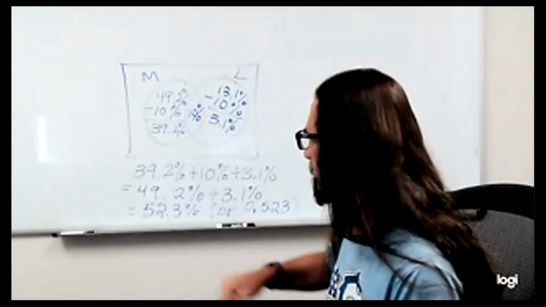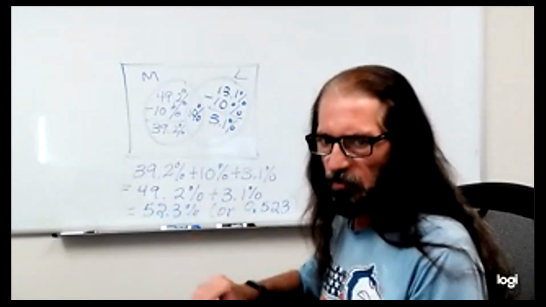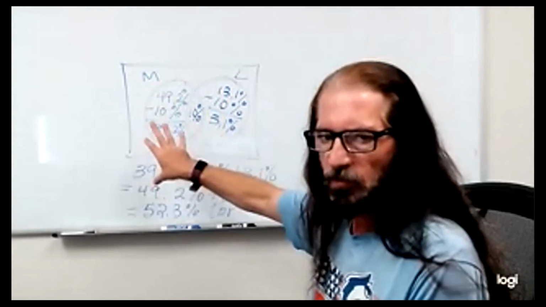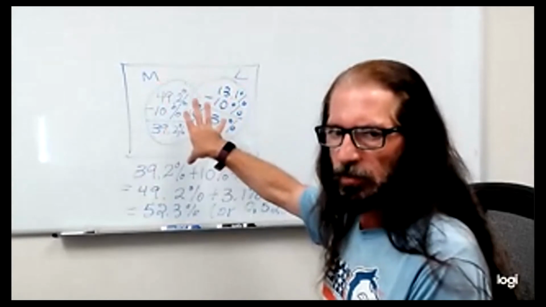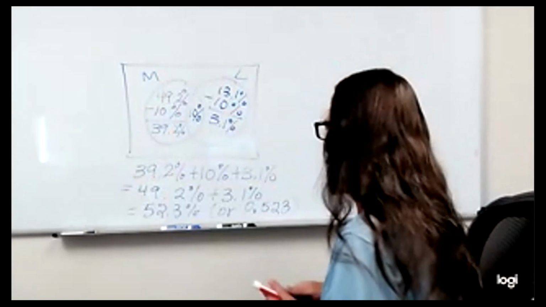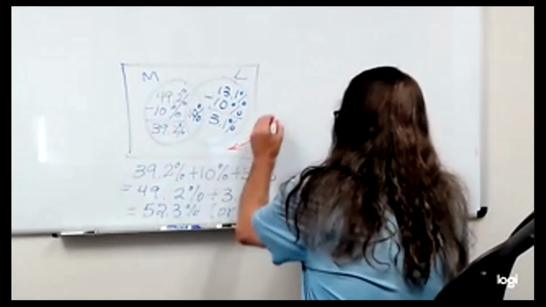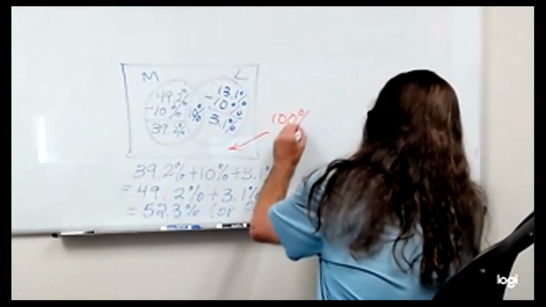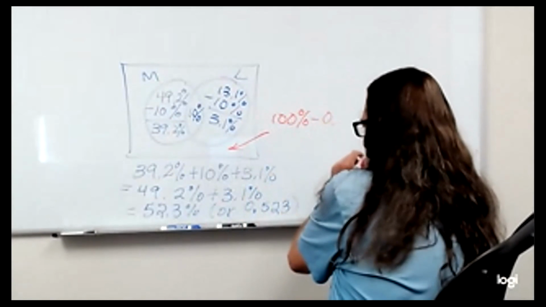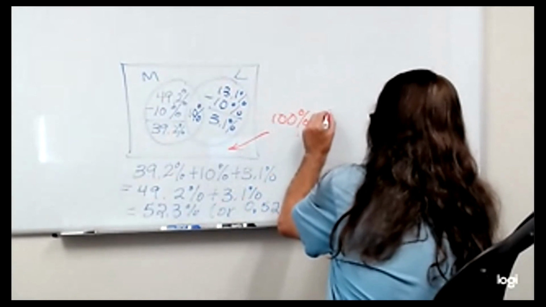One nice thing about the Venn diagram is if you're asked about multiple things, you could also find out what percent are not male and not left-handed. So that would be the complement of this. Let's see here, minus 52.3%.